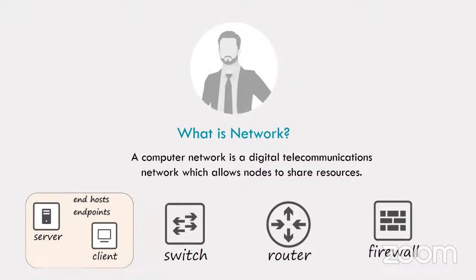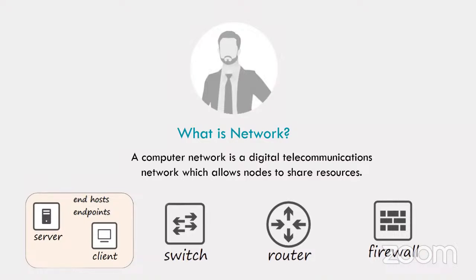Yes. So the key thing is to share resources. It's not just connecting. Connecting for what? There should be a purpose, and the purpose is sharing resources. Those resources can be anything: a JPEG, an image, a video, audio, anything.